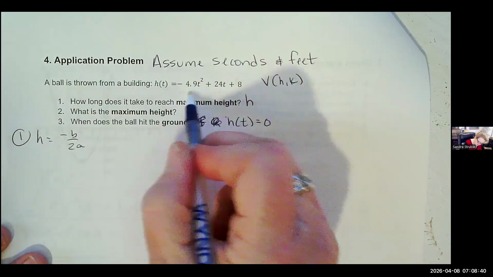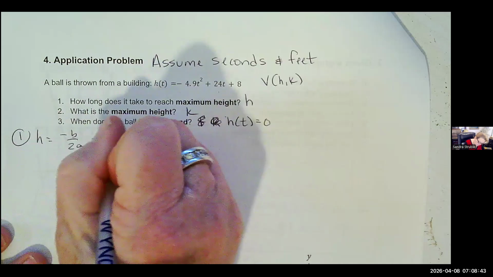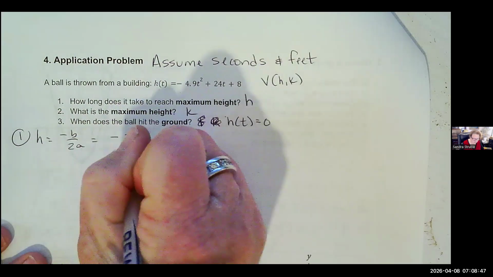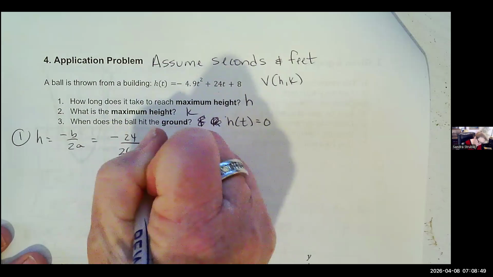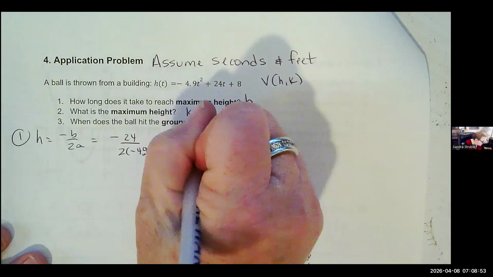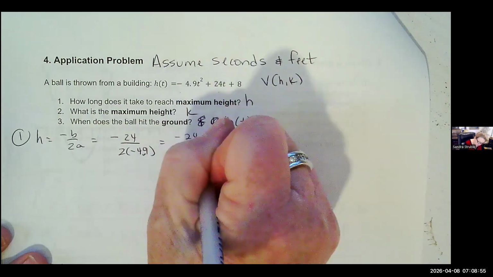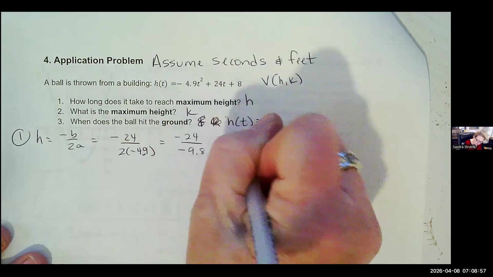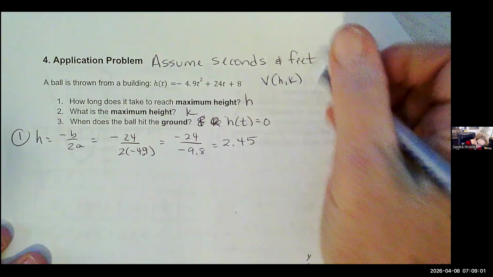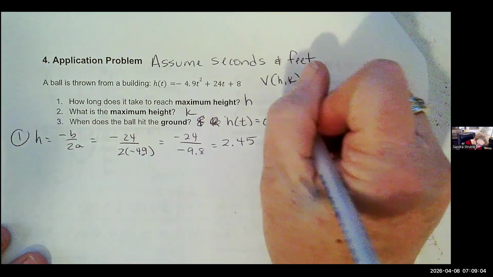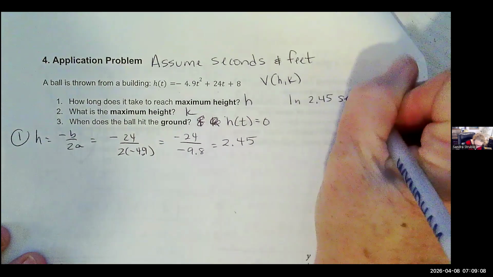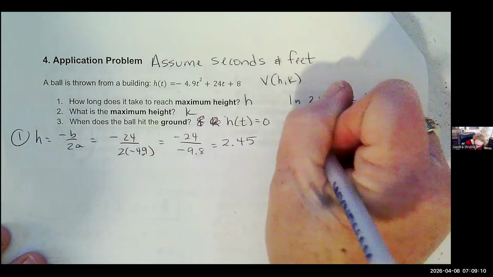Negative 24 over 2 times a. That's negative 24 over negative 9.8, which is 2.45. So I'll come back and let's go write our answers. In 2.45 seconds, the ball reaches max height.